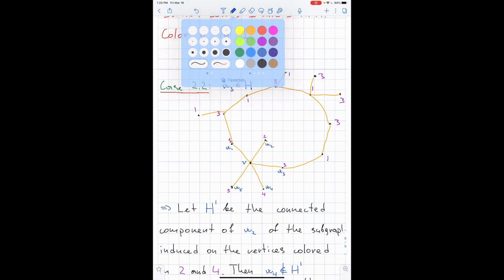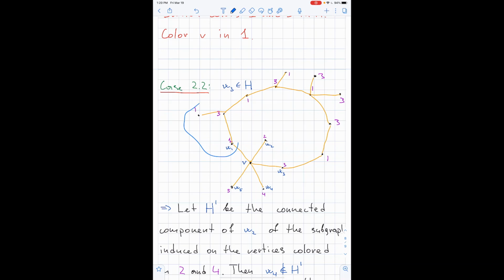Maybe I should circle it. This is our subgraph H this time. However, if we do that, then W1 is going to be colored in the third color, and W3 will be colored in the first color. So that's not going to help.